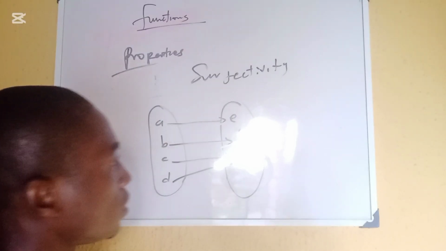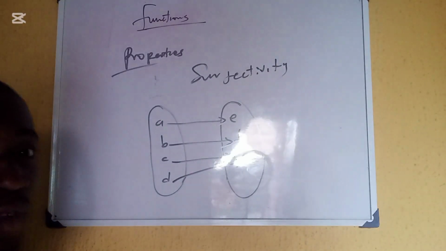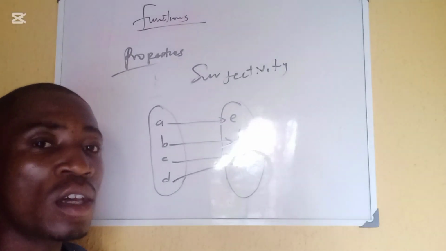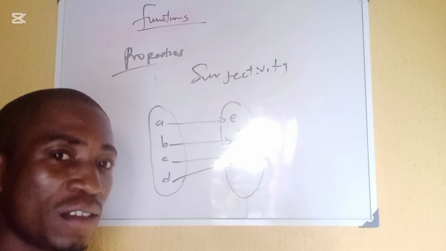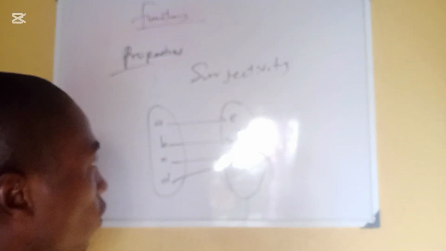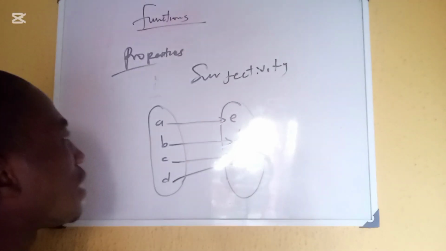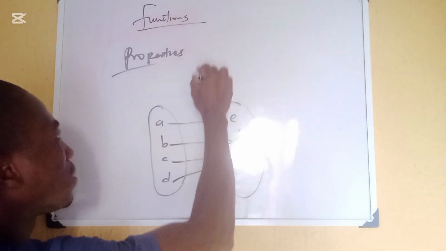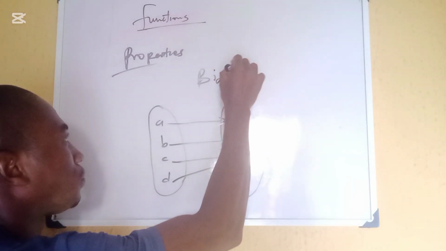Now, the next property combines both the property of injectivity and surjectivity. So when a function is injective and surjective, this function is said to be bijective. So that's the property, bijectivity.